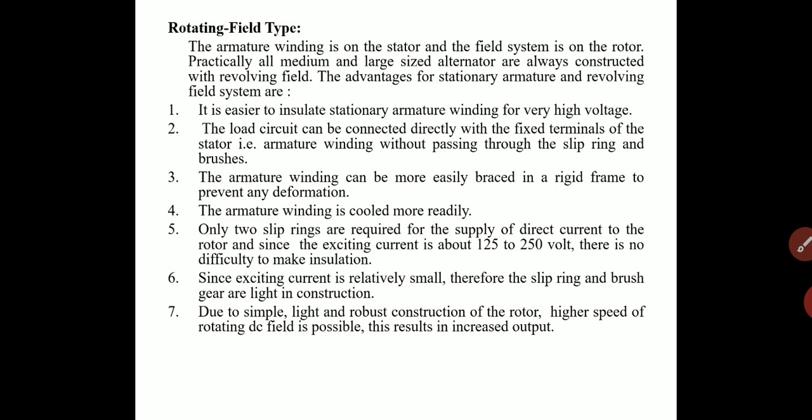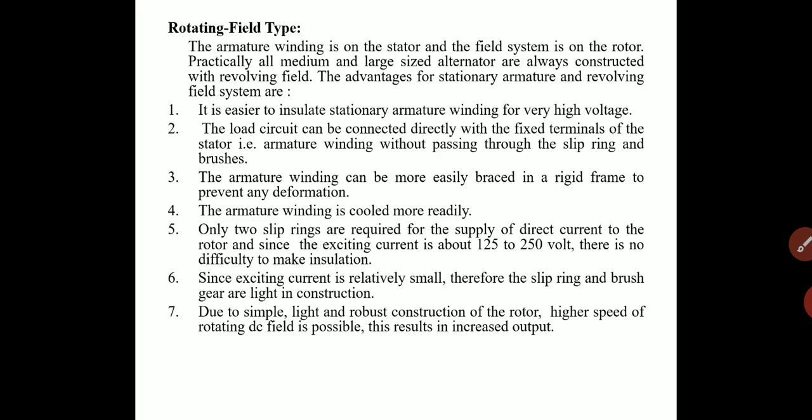Also, for a big size armature, the insulation required is more. If the armature is placed in the rotating part, it is difficult to maintain that large amount of insulation.